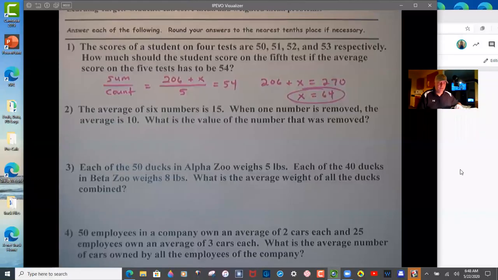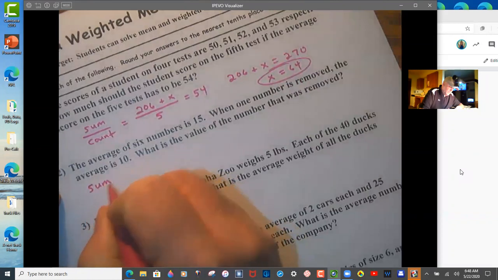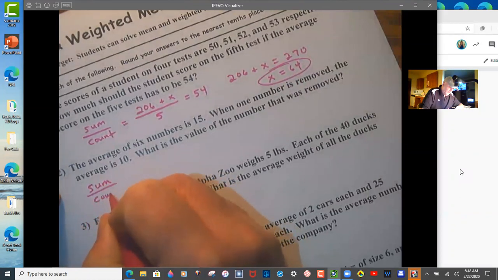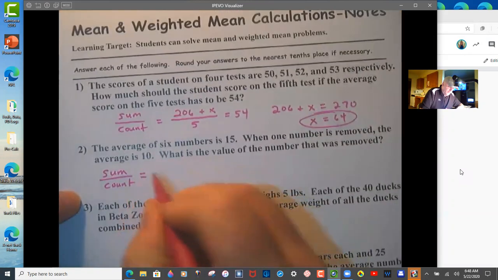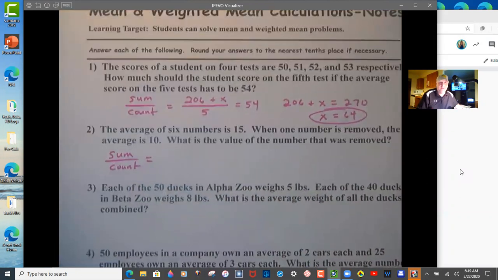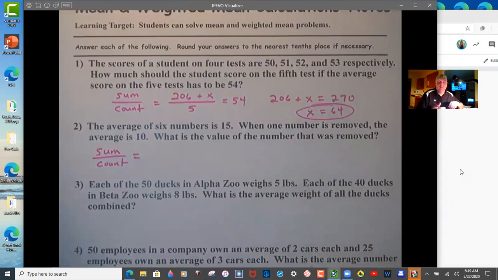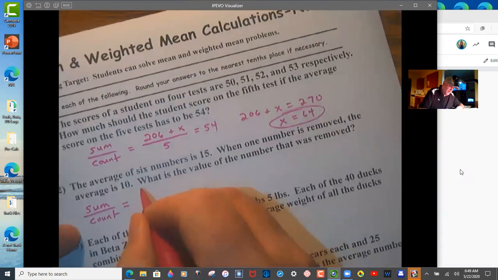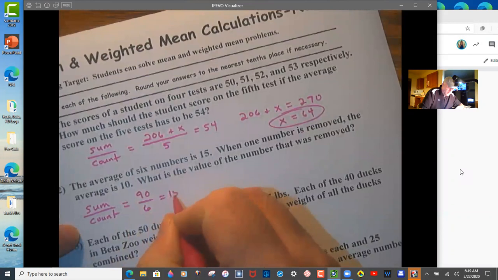So on problem 2, you have to consider two sums over the count. So the average of 6 numbers is 15. So you can assume that the sum there is 15 plus 15 plus 15, add 15 6 times, or 15 times 6. Well, what is that? That's 90. You can assume that.